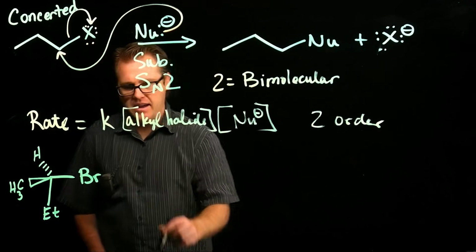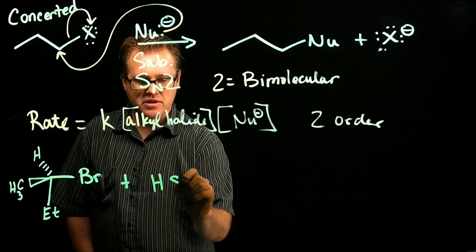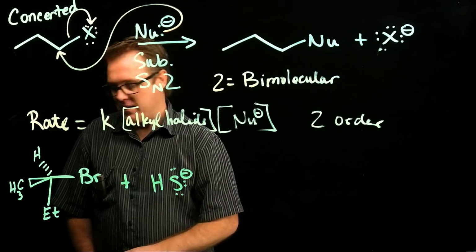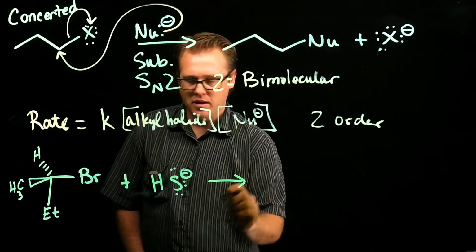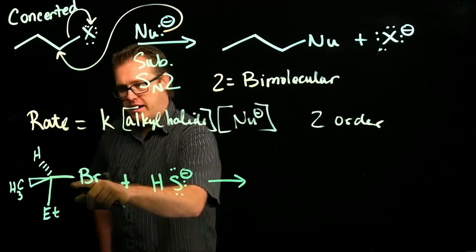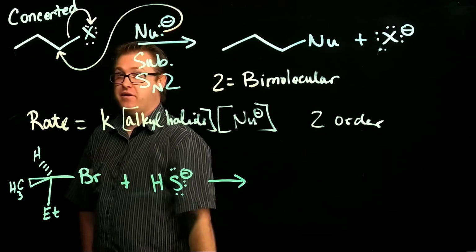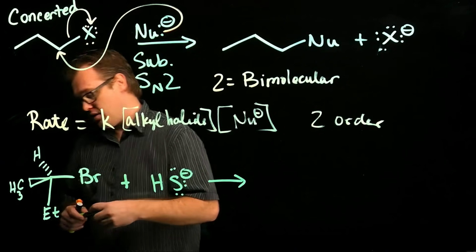Now, when you take a nucleophile, and let's use this one right here. Before it even reacts, we can look at this carbon here and say, hey, there's 1, 2, 3, 4 different groups. So we know that is a stereocenter.